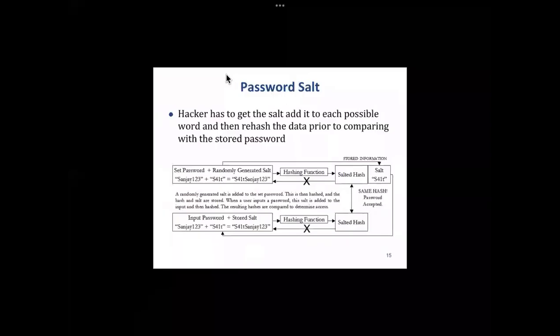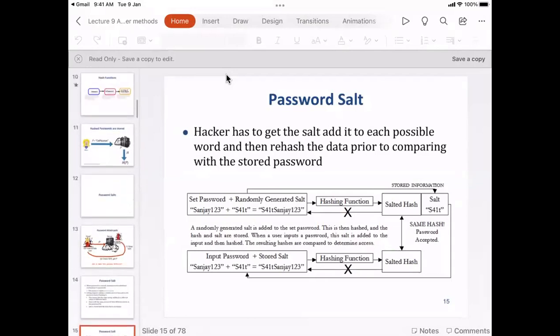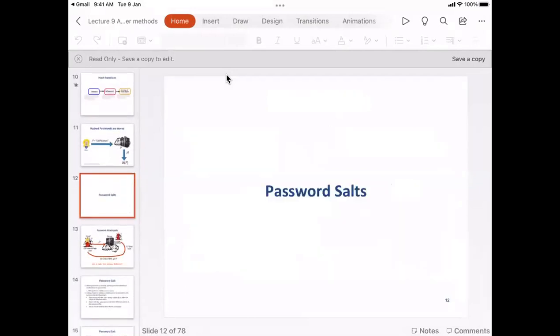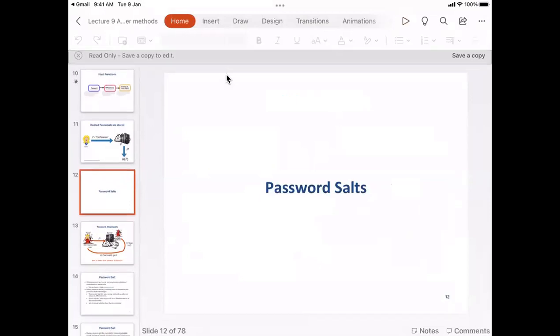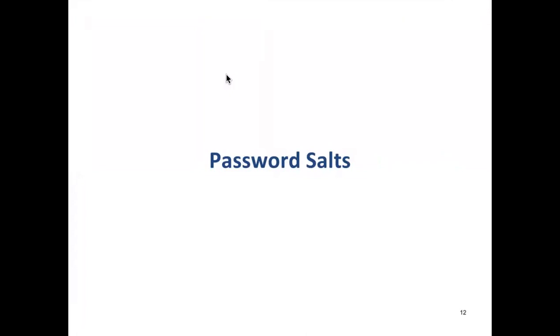This diagram may be a little complex, so let me show it here. Suppose I am creating my credential to a system. I may have some login ID, and I have decided that my password is Ravi123.